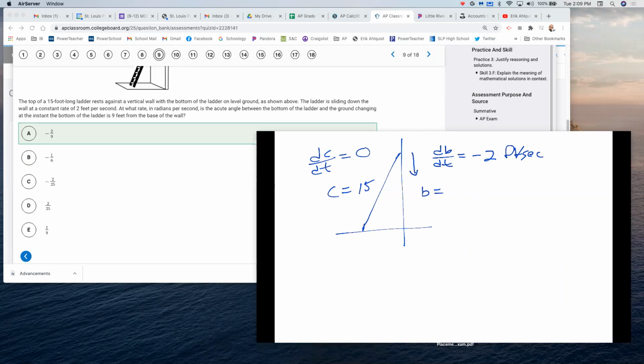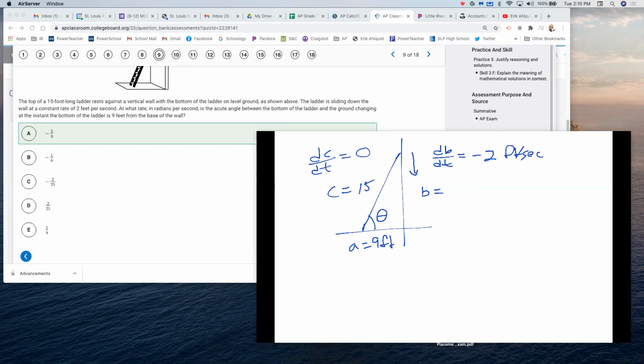At what rate in radians per second is the angle of the bottom of the ladder and the ground changing at the instant the ladder is 9 feet from the base of the wall? So at that instant, the question is, what is that value right there?